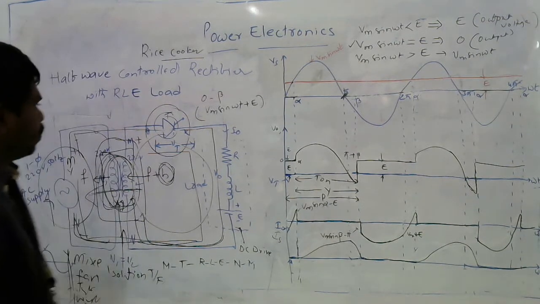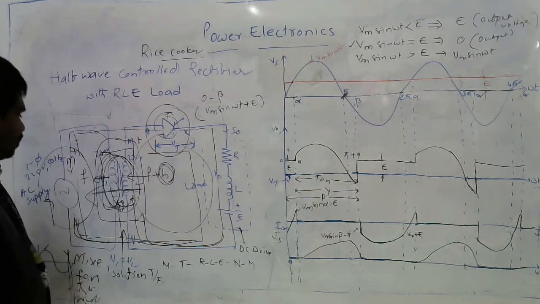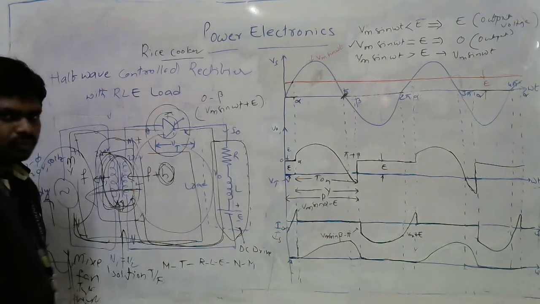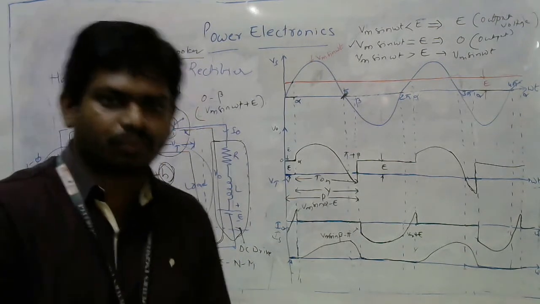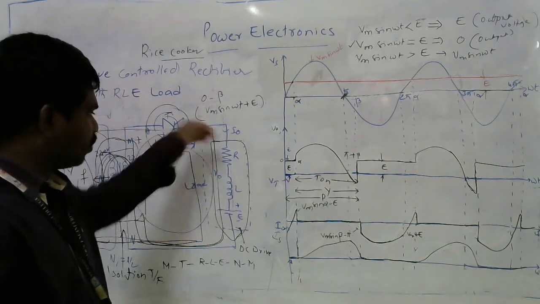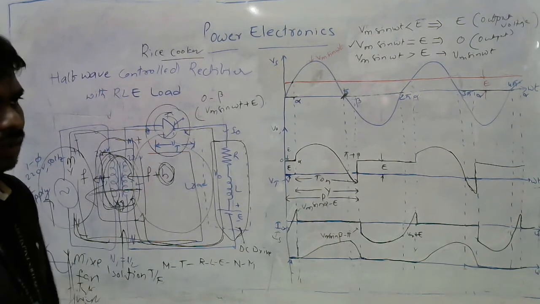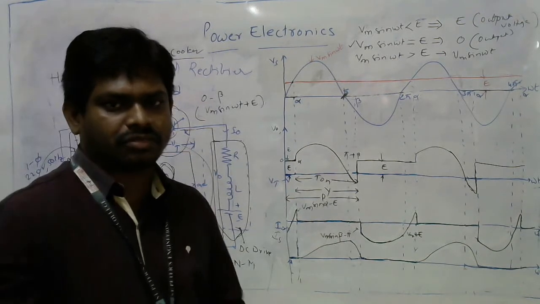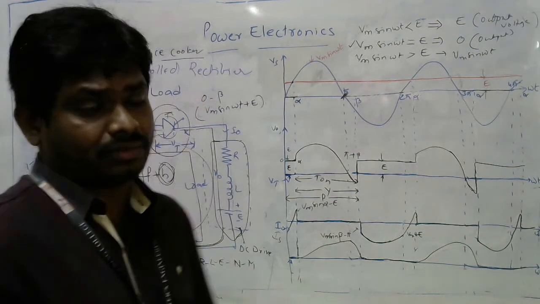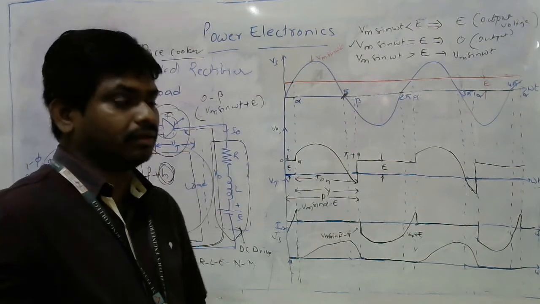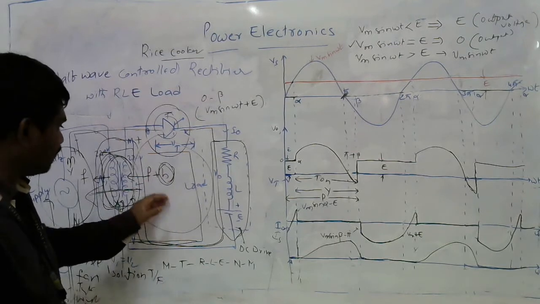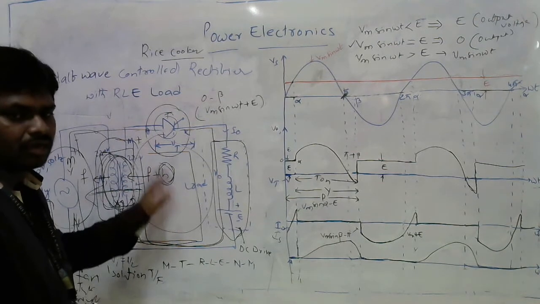Not only to the source, it also damages the connected load, because harmonics along with fundamentals also flow to the load, which is going to damage the overall system because of the absence of the isolation transformer. So that is the main purpose for which we use the isolation transformer in the circuit: to avoid the harmonic effect on the system.